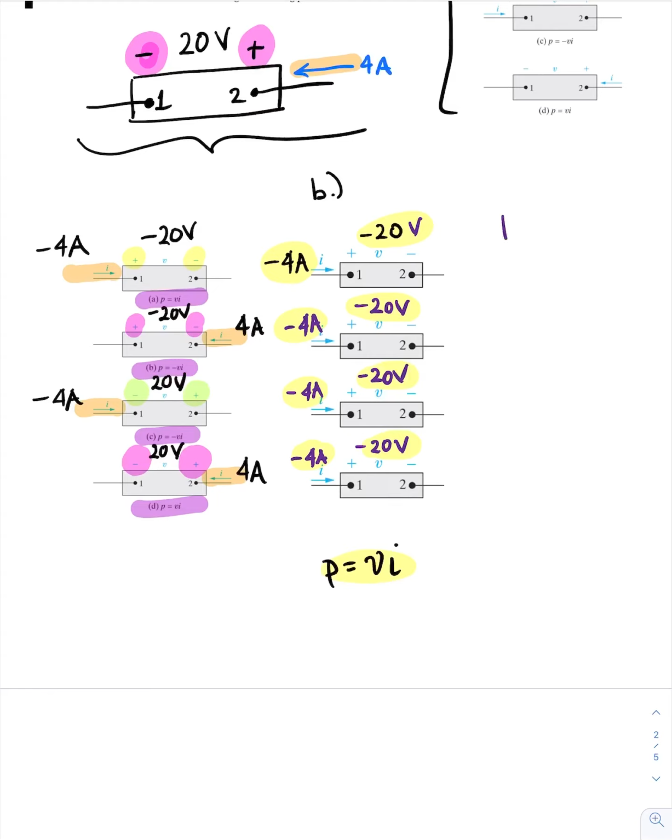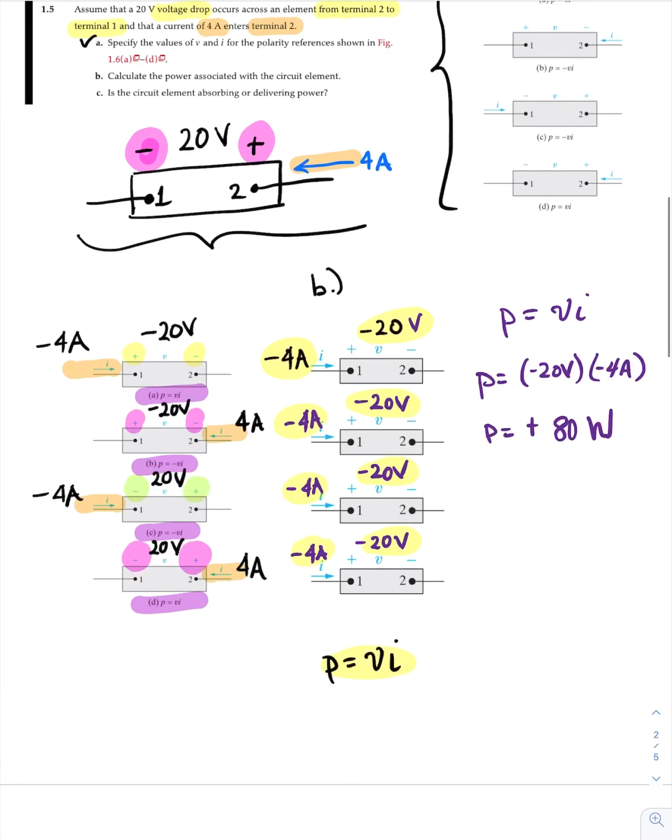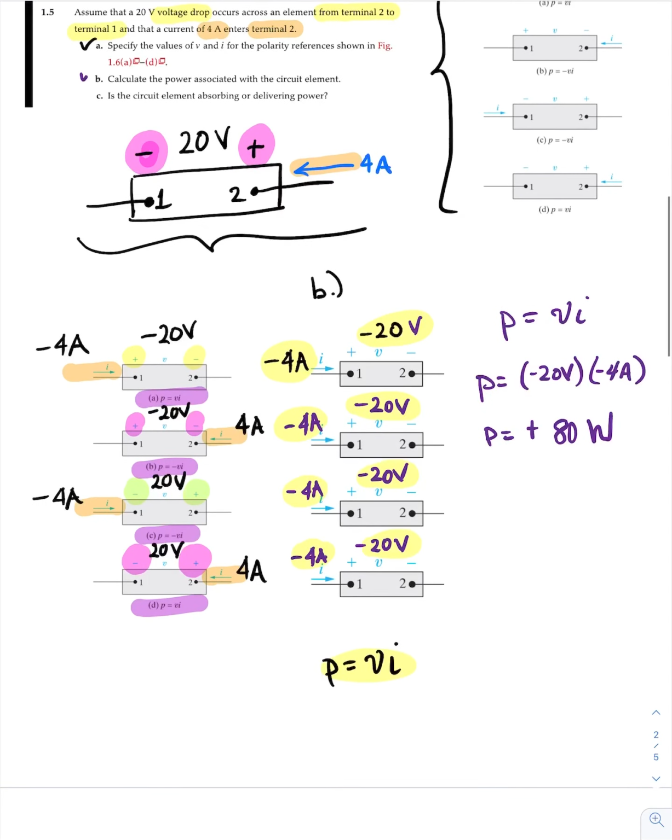So using that equation, P equals VI, we have P is equal to minus 20 volts times minus 4 amps, which is equal to plus 80 watts. So that takes care of B.